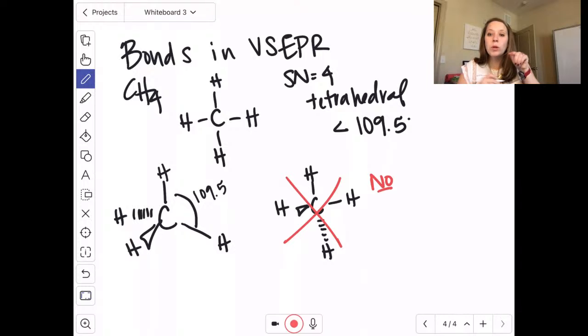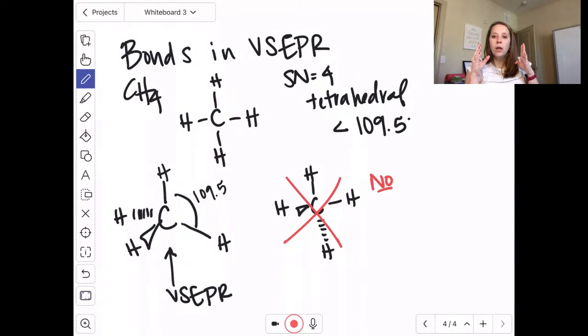So this, with wedges and dashes, this is VSEPR. And so when we see structures that look like this, we know that they are, I don't want to say necessarily, perfect, but they are much, much, much better than this structure on the right, where we basically have a big red X because it didn't tell us anything.